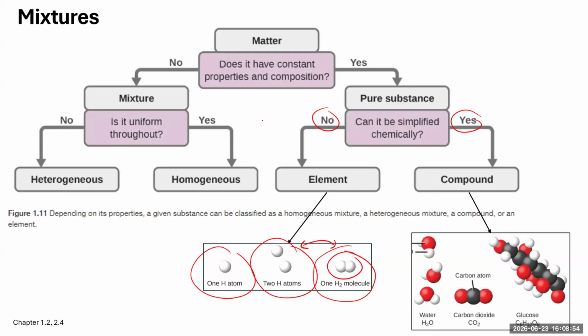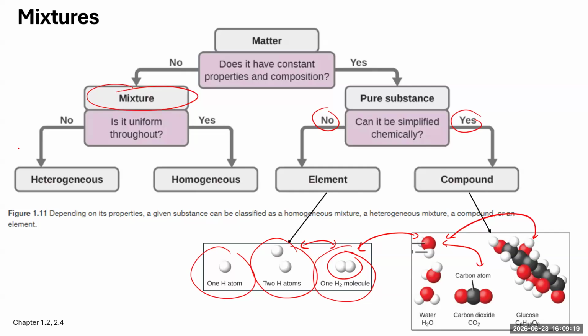So now if it's more than one thing, two or more things together, it's some sort of mixture. It could be a combination of this and this, or water and carbon dioxide, or glucose and water. As long as it's two different things, that's now a mixture.